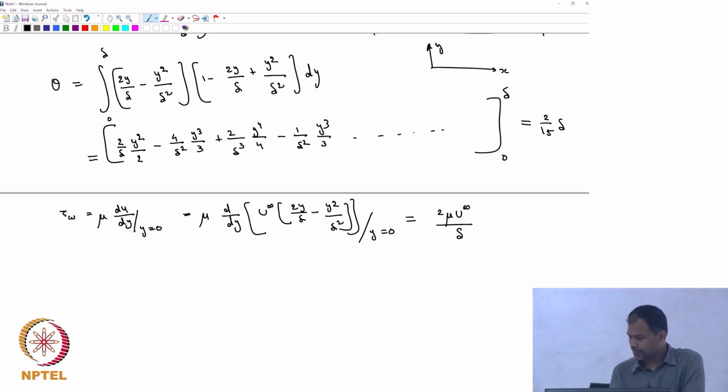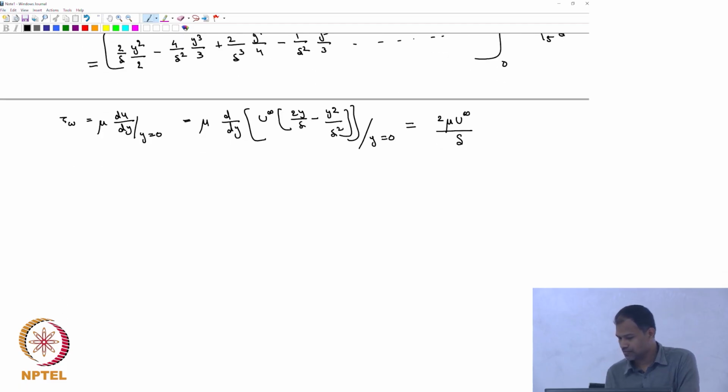Why are we writing it down? Because we know tau w in terms of theta. What is the connection between tau w and theta? We derived tau w is equal to rho u square d theta by dx, and we have gotten tau w now as this.